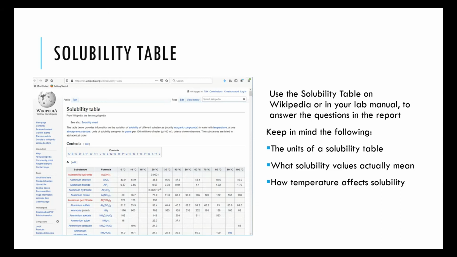You're determining the overall trend of solubility of metal ions, and then you'll also be using solubility tables to answer some of the questions about what these numbers actually mean and what does it mean that something is soluble or insoluble.